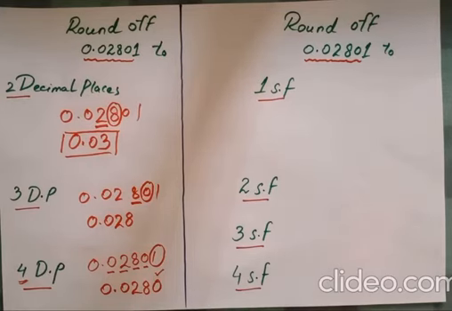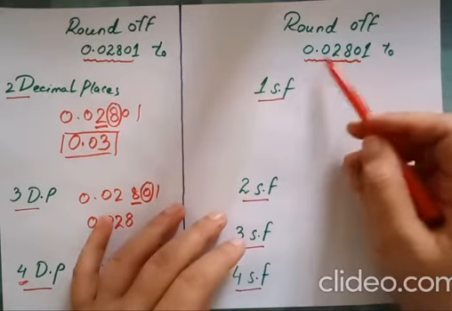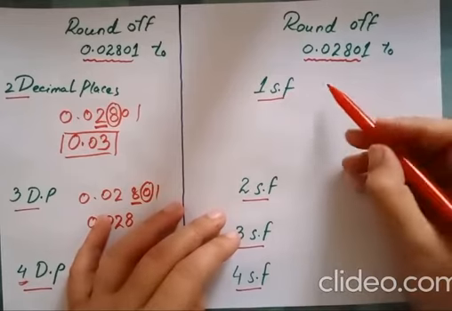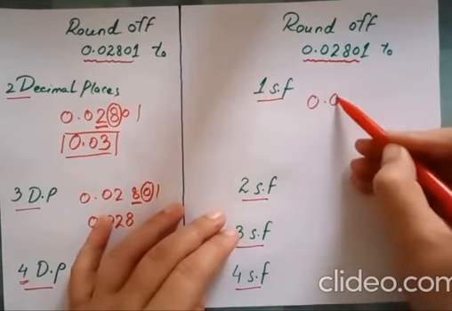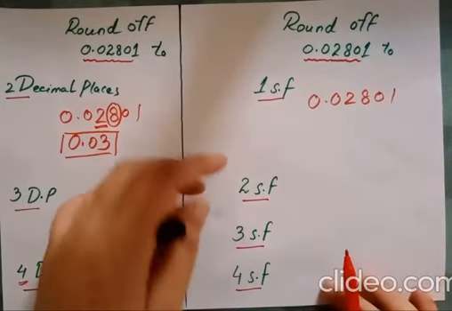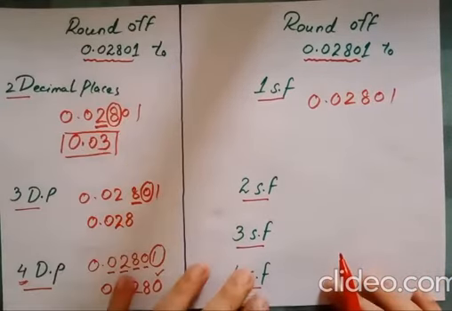Now move towards rounding this same number, 0.02801, to one significant figure. First of all I will write this number and find out where the first significant figure is.